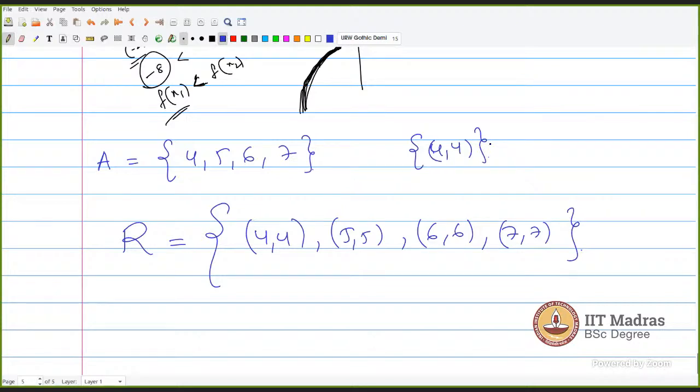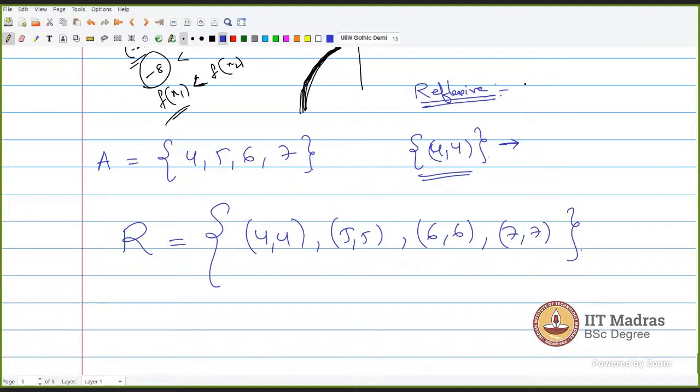Don't worry about equivalence. Just tell me whether this is reflexive or not. Sir, this is reflexive because a comma a is in it. Okay, so you think it is reflexive because the identity is included. Reread the definition of reflexive, or correct your definition.